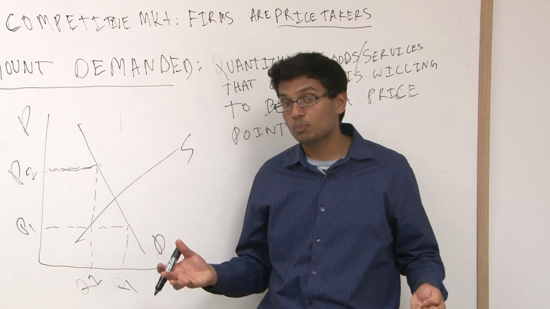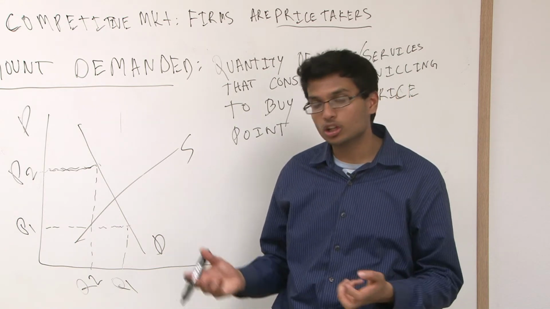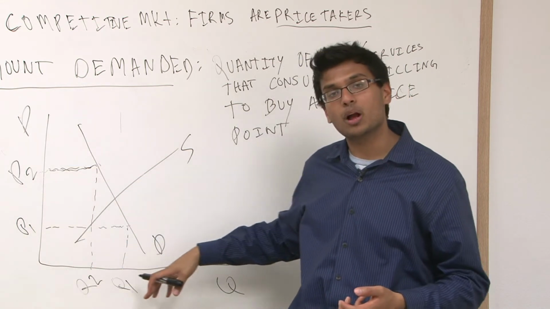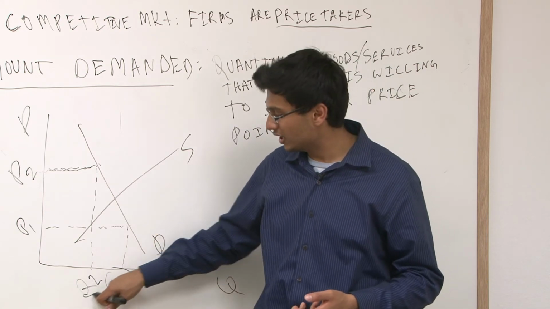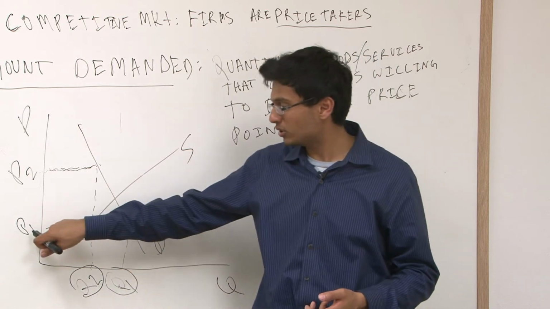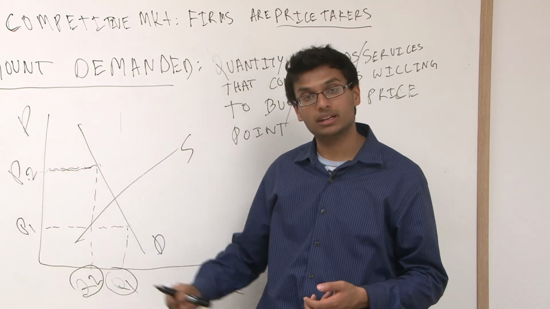Not too many. But for $1, there are a lot of people who are willing to buy that water bottle. Does that make sense? So the lower the price, the higher the amount demanded. And the way we say the amount demanded is these Q's right here. Q1 is the amount demanded at price 1, Q2 is the amount demanded at price 2. Does that make sense?